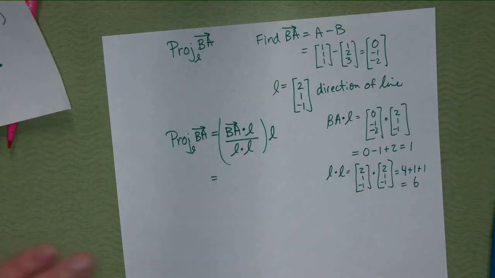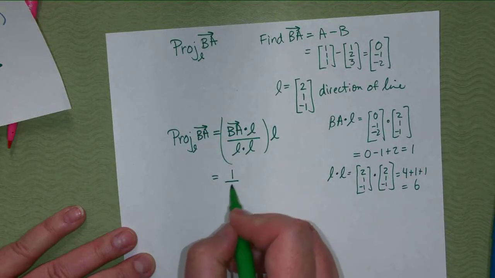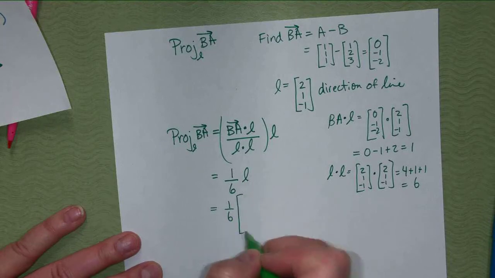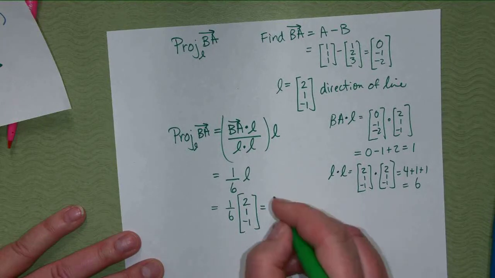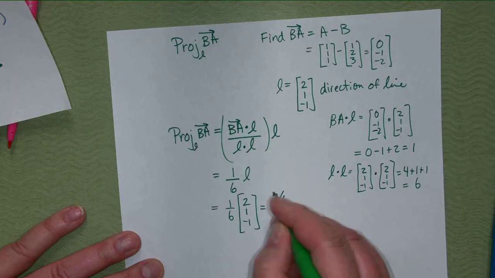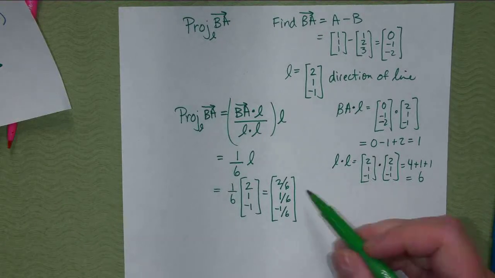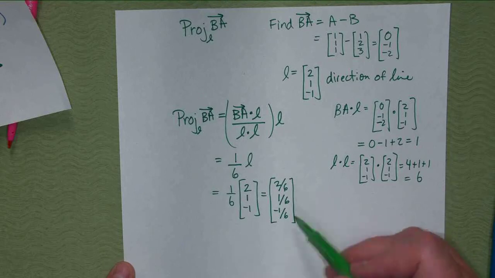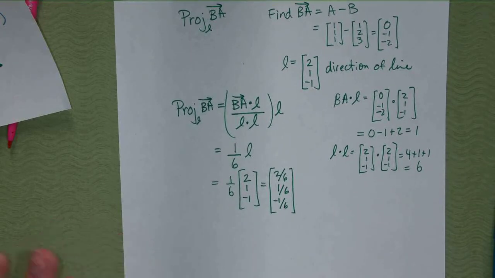All right, so BA dot L is 1 over 6 of L. And this is what I'm talking about, that 2 over 6, you could write it as 1/3, but don't, because we want to subtract something with all these numbers, and it's better to have a common denominator. So just leave it as 2 over 6.